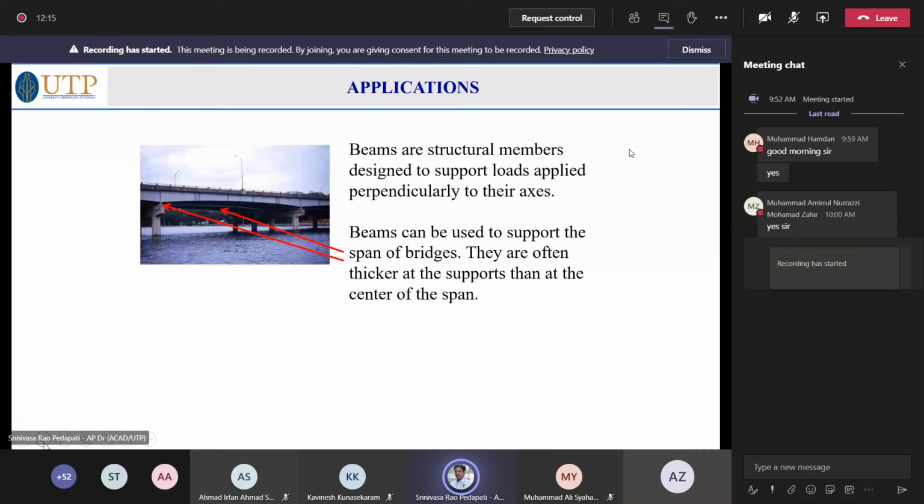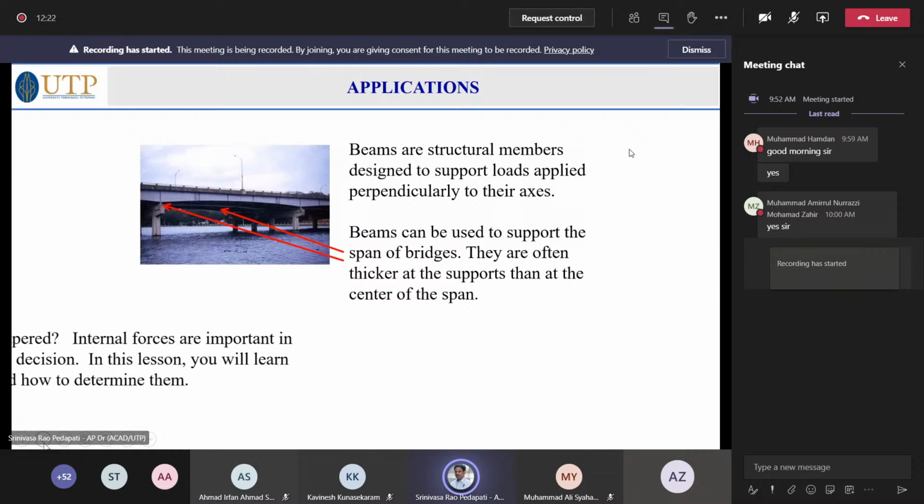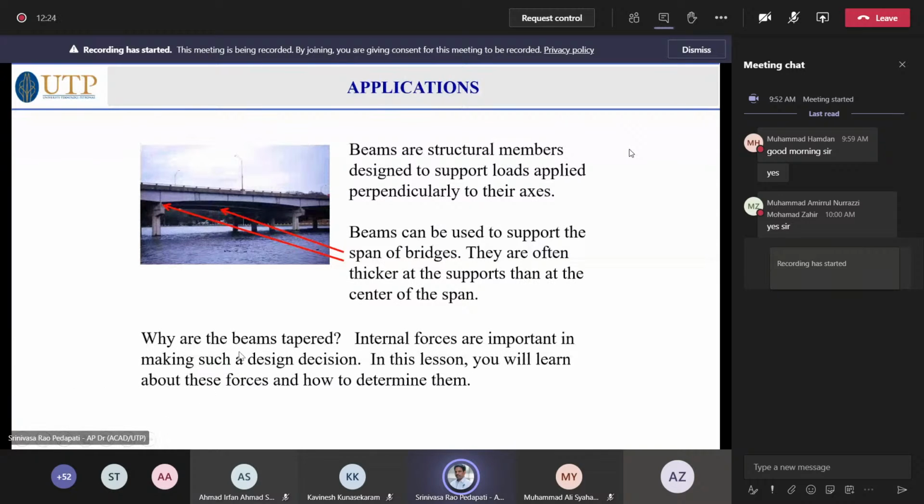It is not for aesthetic appeal. It is for a design aspect. These beams are tapered to match the internal forces and also to reduce the weight of the bridge. When you learn more about design, solid mechanics and design of machine members, we will know more, but the basic fundamentals we learn from this class.